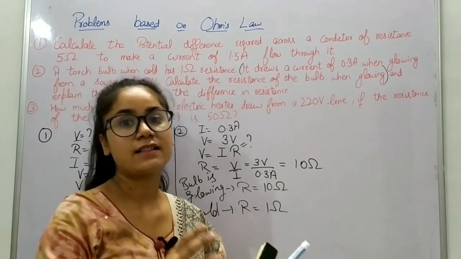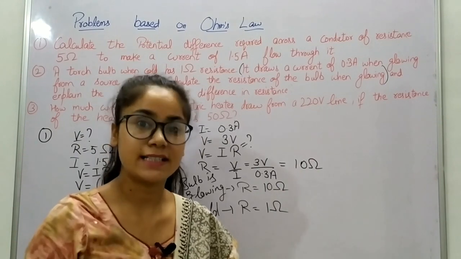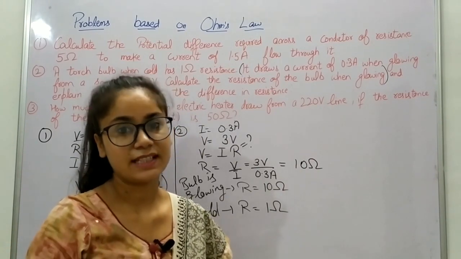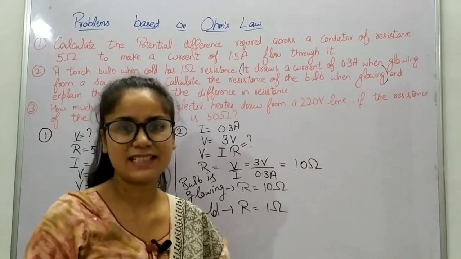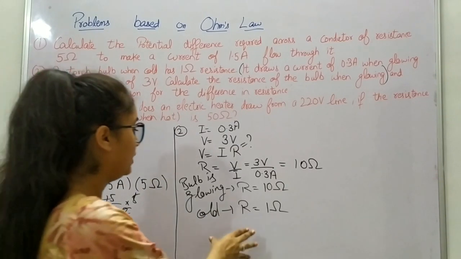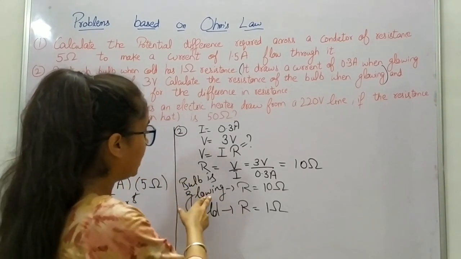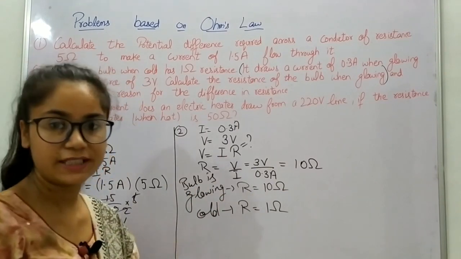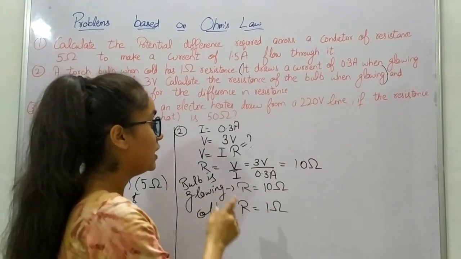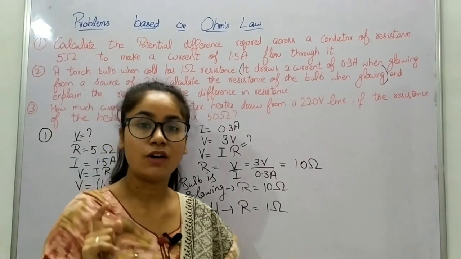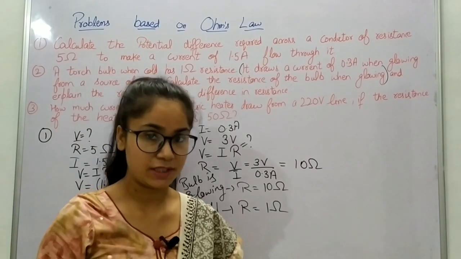When the bulb starts glowing, it also starts heating up, and because it heats up, the temperature increases. It is very common sense to know. So when the bulb is glowing, the resistance is 10 ohm. When the bulb was cold, the resistance was 1 ohm. Why? Because of the increase in temperature.